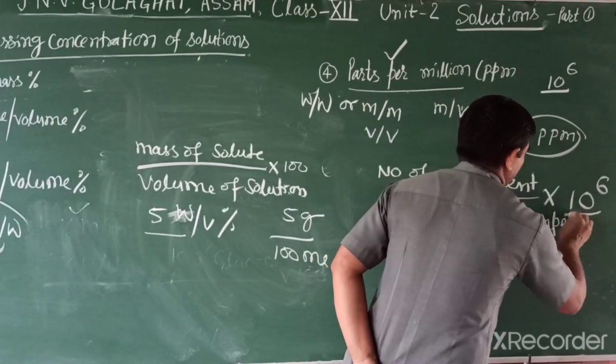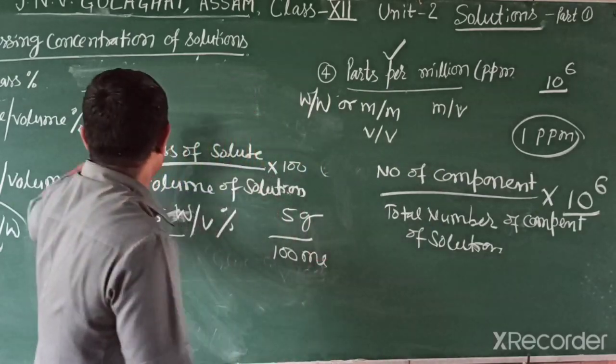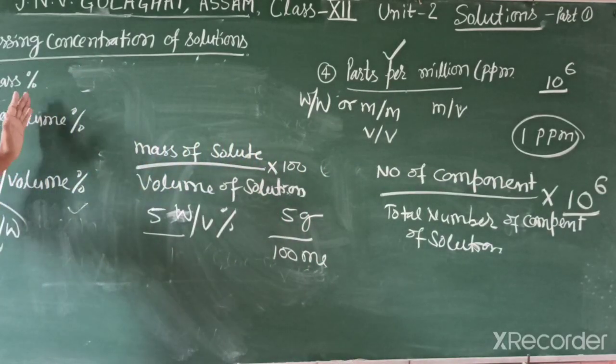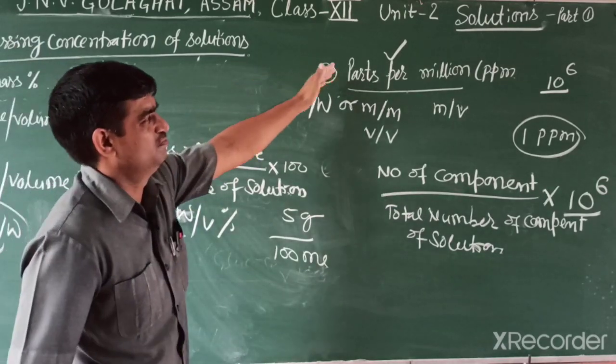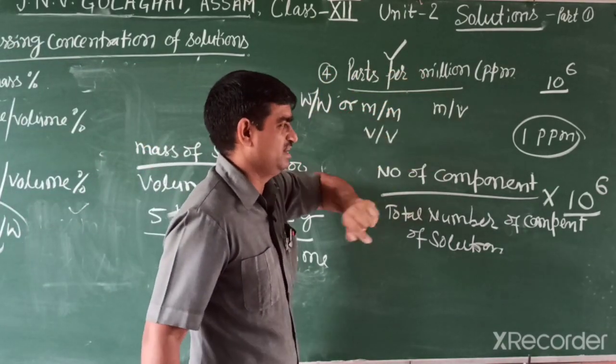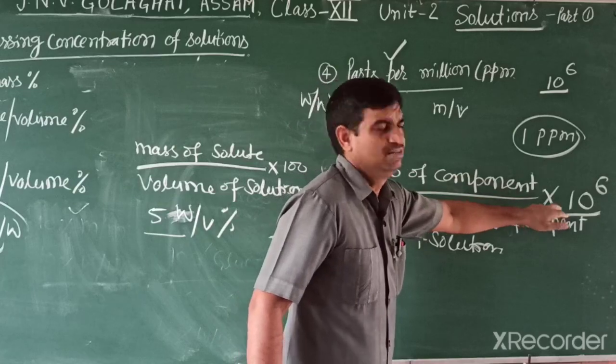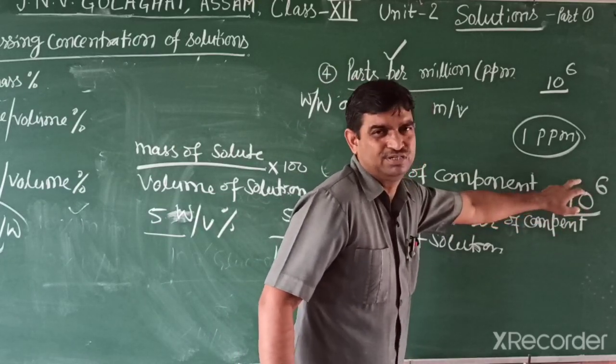What is the difference between mass by mass, mass by volume, and volume by volume in ppm? Only one difference: they multiply by 10 to the power 6.